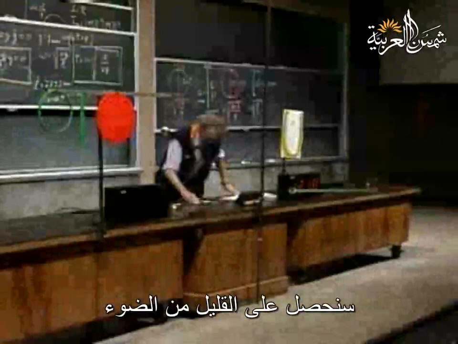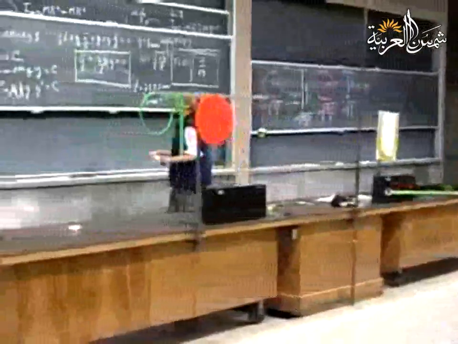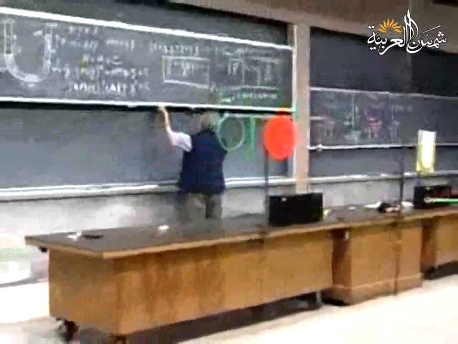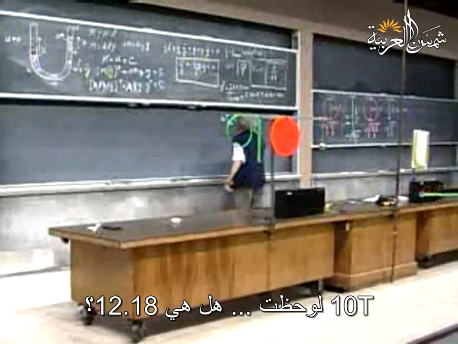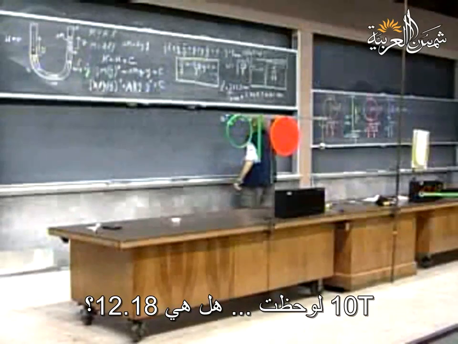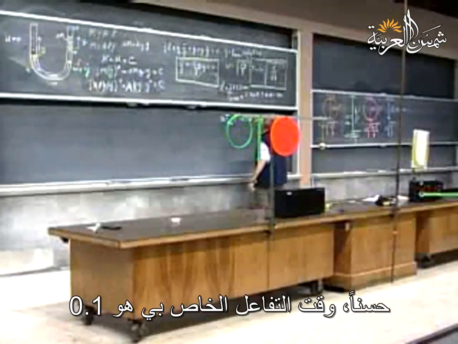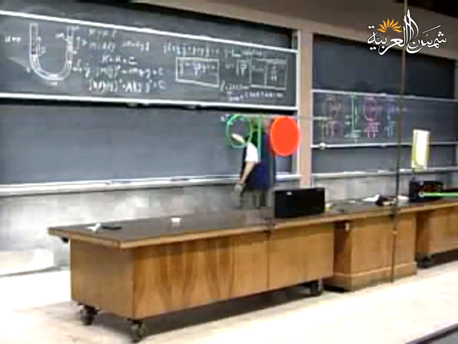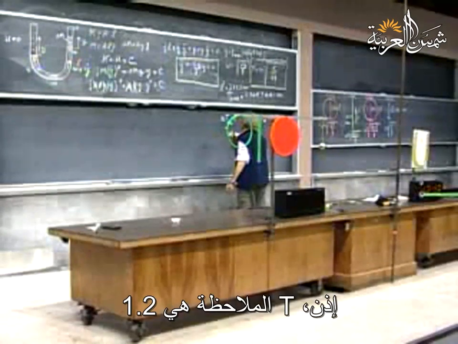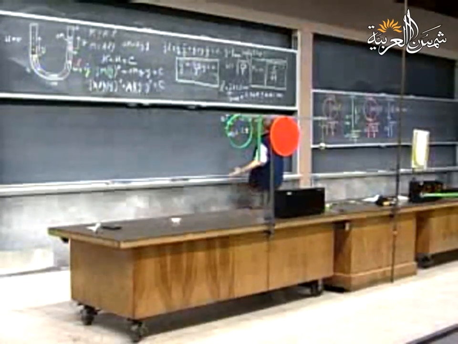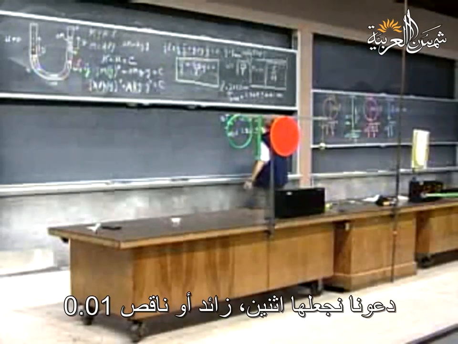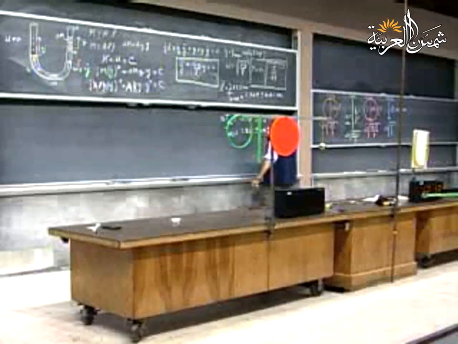Get a little bit of light. 12.18. So observed, 10T observed. Is it 12.18? Okay, my reaction time is 0.1. So T observed is 1.2, let's make it 1.22, plus or minus 0.01 seconds.